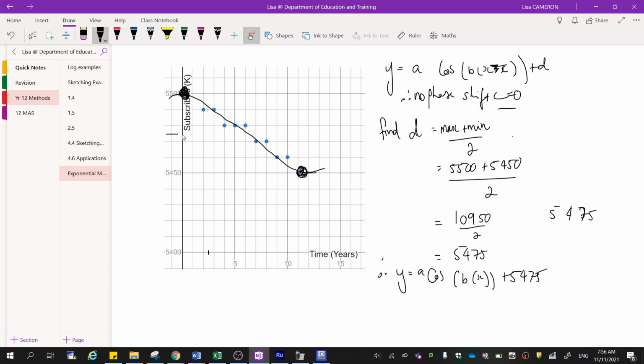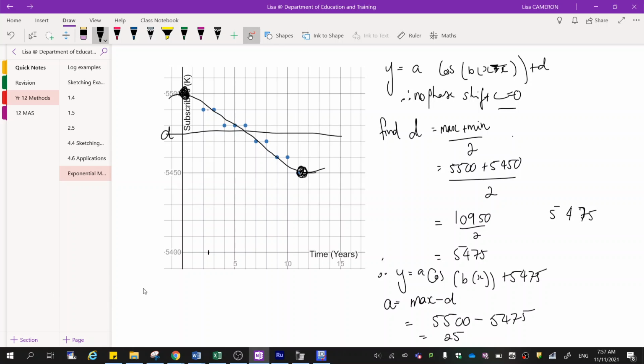Now, the next piece of information that I can read off the graph, because I've said that it's 5475, so that's where our D value is. Now I can work out what A is. A equals your max minus D. So it's going to be 5500 minus 5475, and that's going to give you 25.